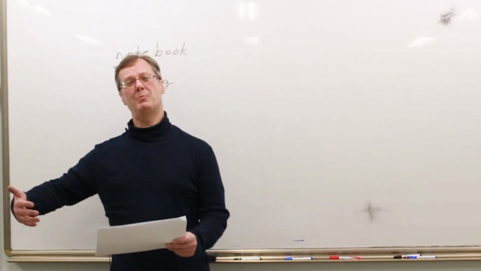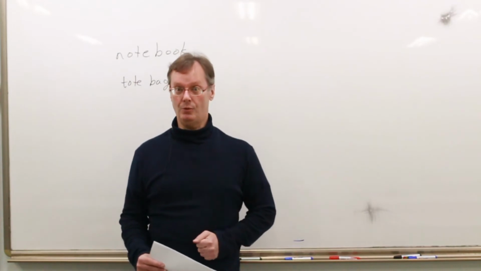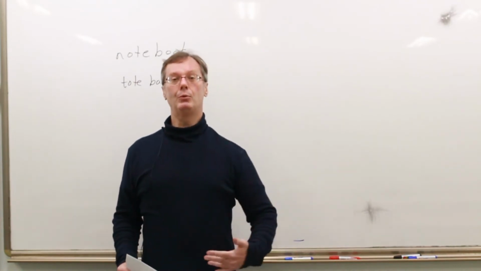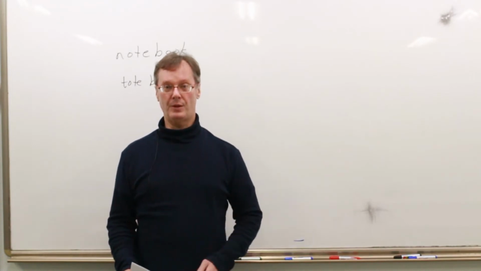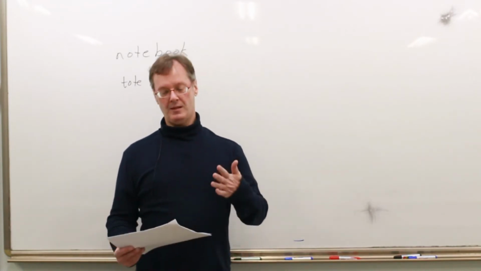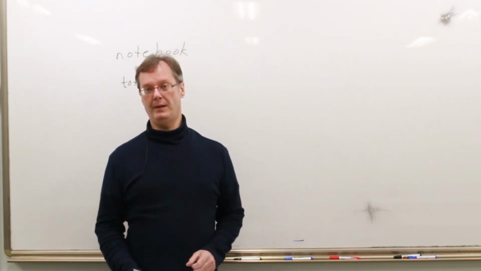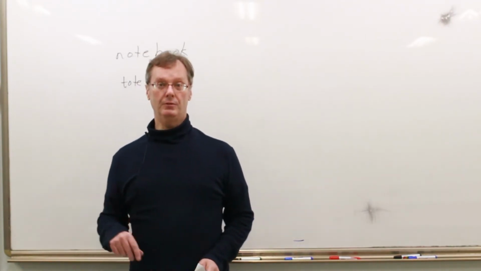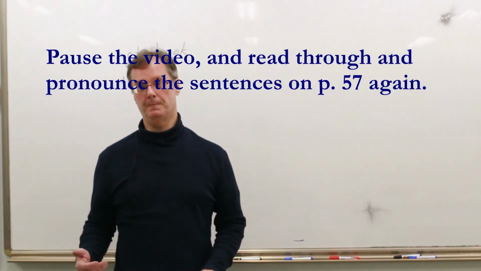Some of these might be more typical of older people, by the way. With the younger generation like you all, I notice fewer of these problems. I guess the teaching of pronunciation has improved, but there are still problems that a lot of students like you might have. So pause the video and look through these. Try to guess where the problems are.